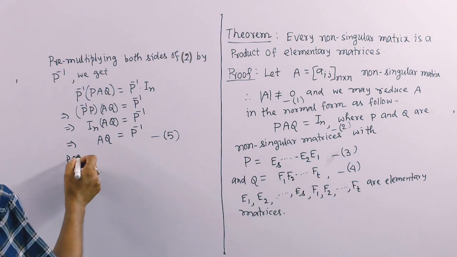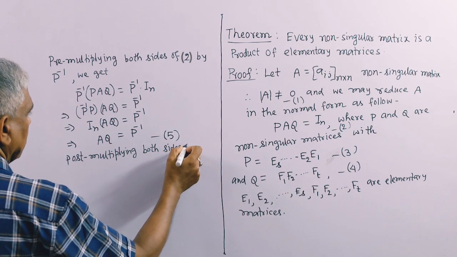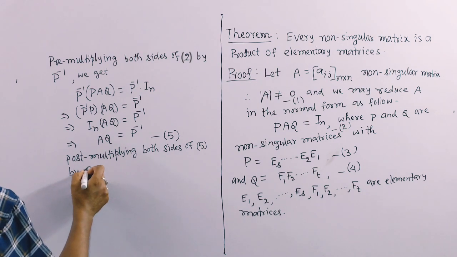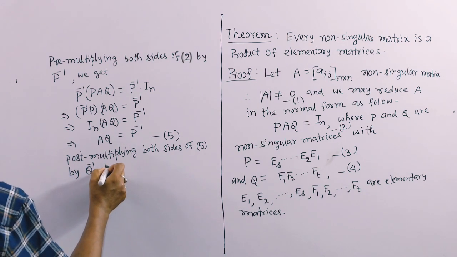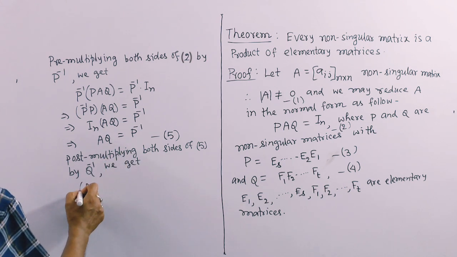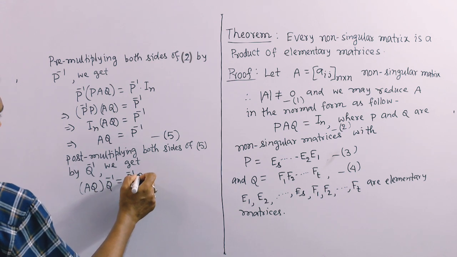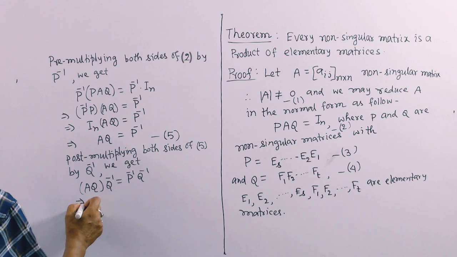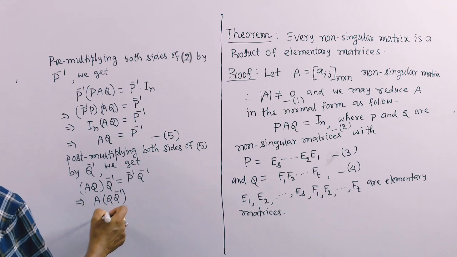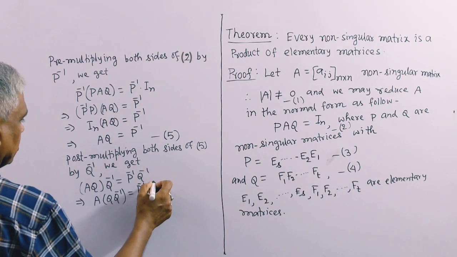Post multiplying both sides of 5 by Q inverse, we get AQ multiplied by Q inverse equal to P inverse Q inverse, which implies that A Q Q inverse, by the associative law, equals P inverse Q inverse.